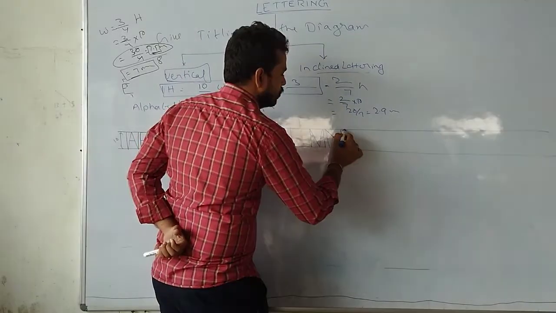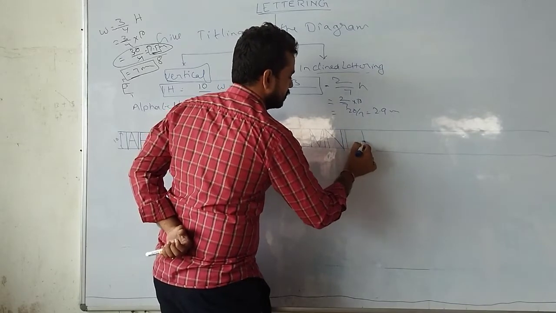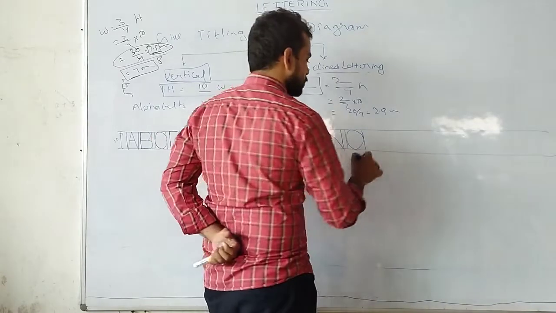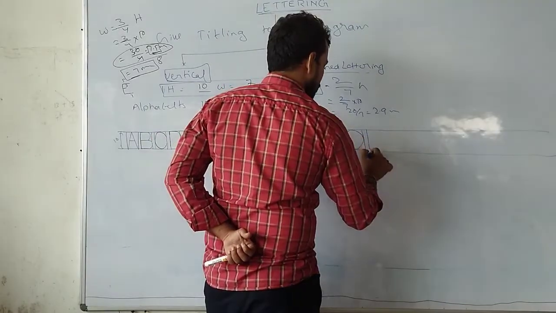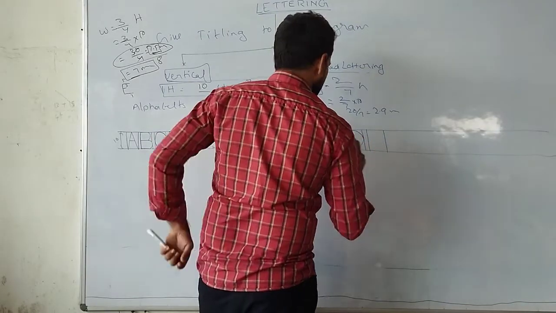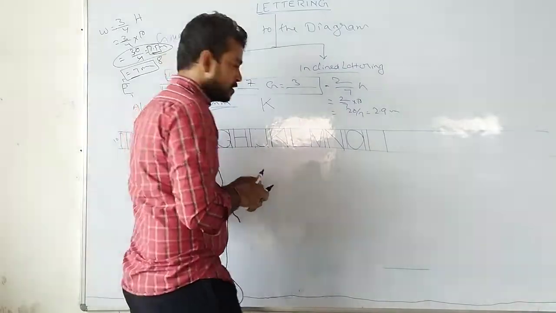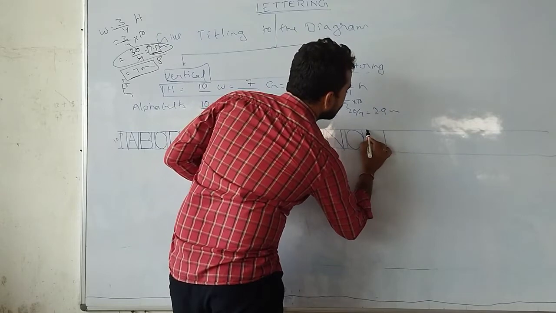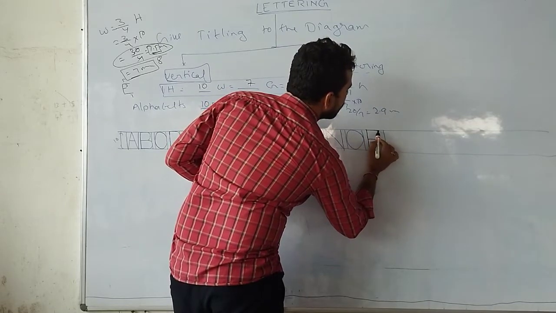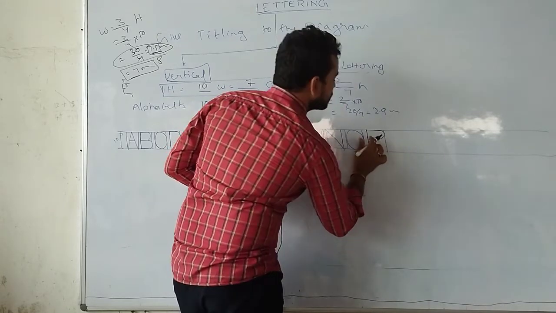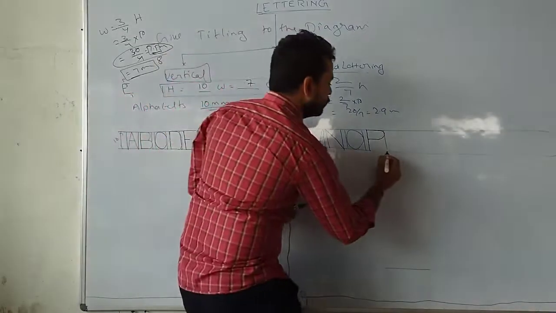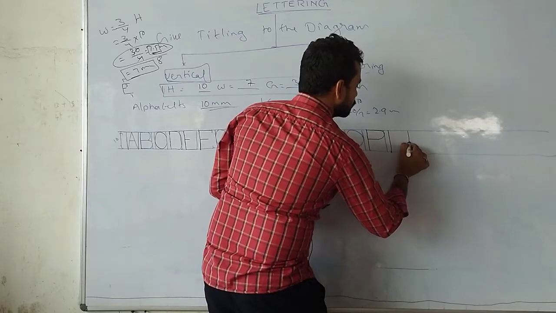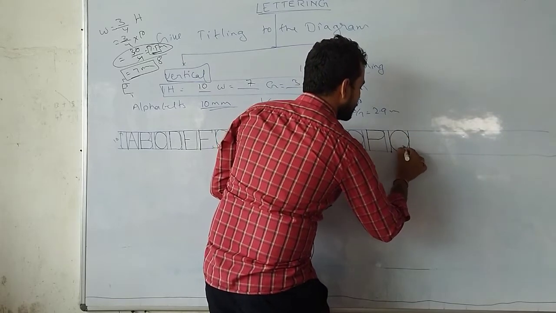Next, O. Just like C. Next, P. Please see this. This is the P. Next, Q. First of all, draw O, then indicate this.